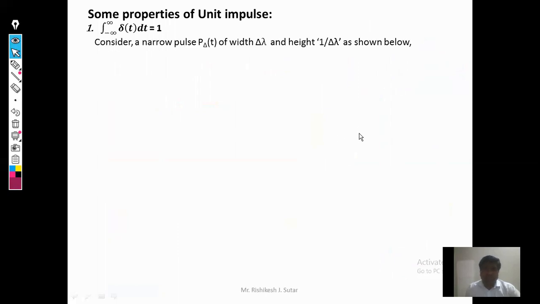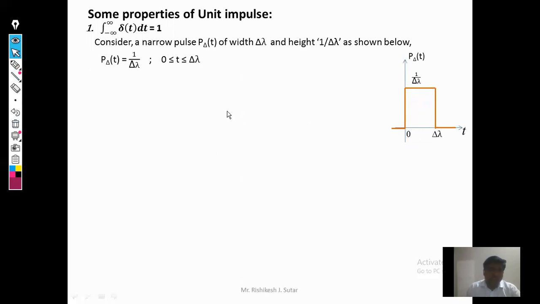Let's consider one narrow pulse p delta of t whose width is delta lambda and height is 1 by delta lambda, so as to maintain the area equal to 1. We can represent it mathematically like this: p delta of t is equal to 1 by delta lambda for t in between 0 to delta lambda, and it is equal to 0 for t greater than delta lambda.